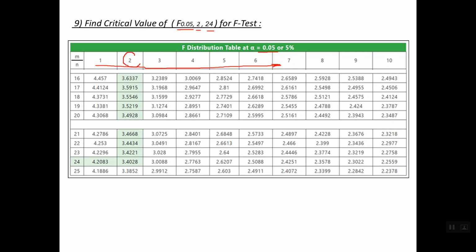And we calculate the degree of freedom between groups to be 2, because we have 3 treatments, so 3 treatments minus 1 is equal to 2. The second degree of freedom is the degree of freedom within groups, or the degree of freedom for the error. It is 24. So for this column, this is the value 24.